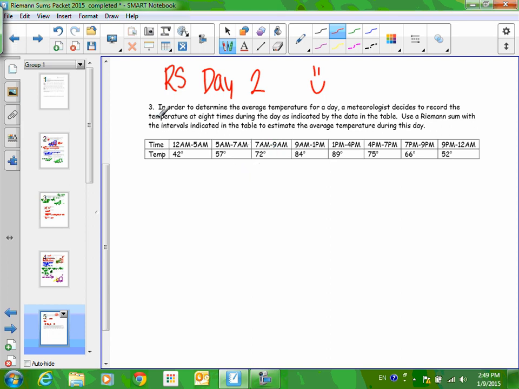This is number 3 on the notes. In order to determine the average temperature for a day, a meteorologist decides to record temperature at 8 times during the day, as indicated by the data in the table. Use a Riemann sum, with the intervals indicated in the table, to estimate the average temperature during the day.